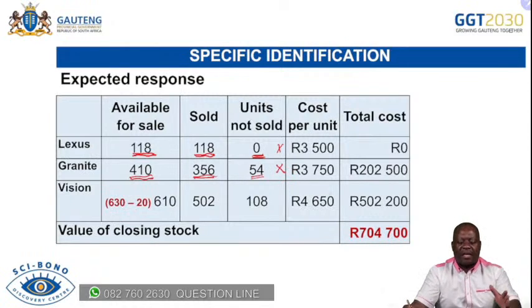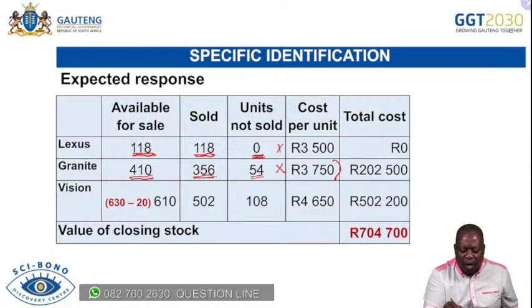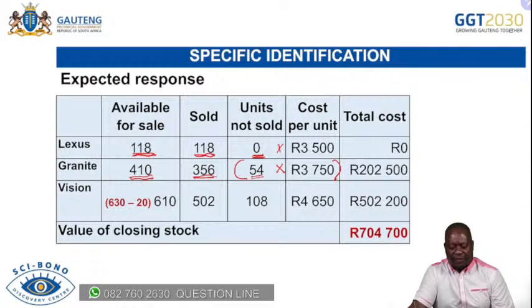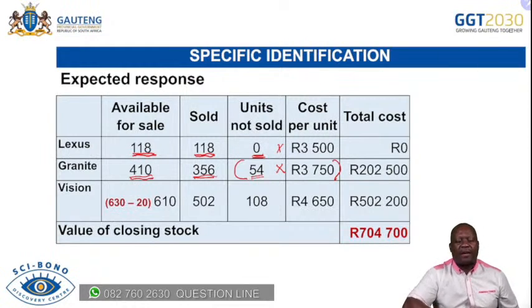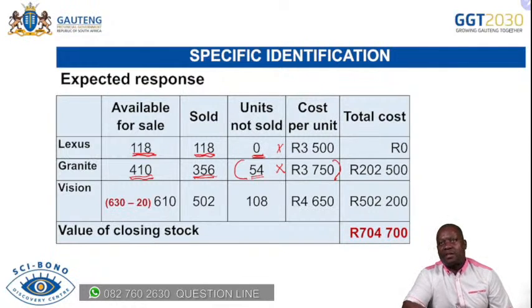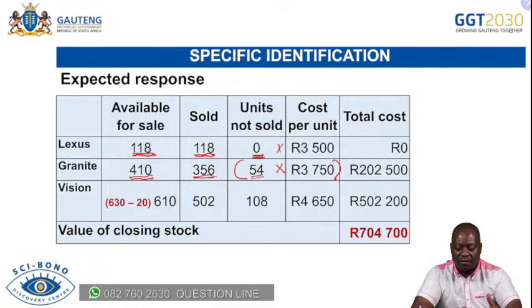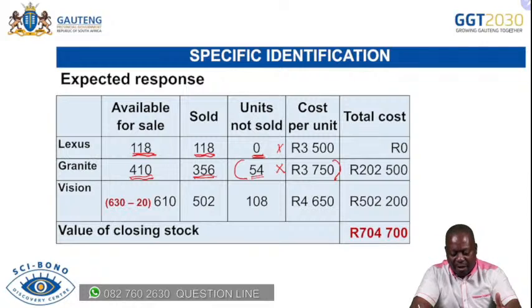And remember, the price for a Granite is 3,750. So when you make this calculation here, 54 times 3,750, it's giving you exactly 202,500. That's what my calculator is giving me. You can also check it and interact with us on our WhatsApp number if it's not true so that we can correct it. To err is human.